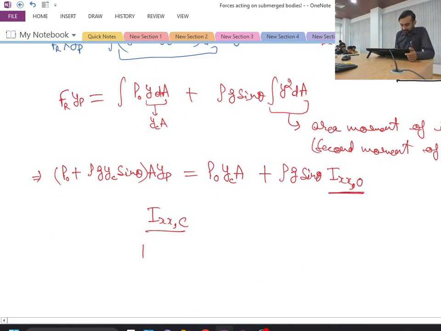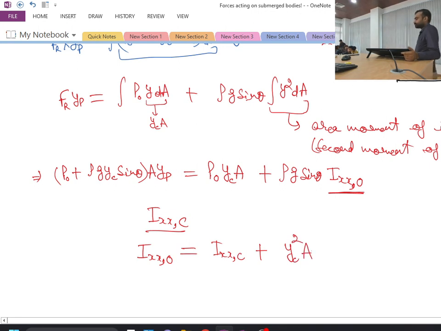So from the theorem of parallel axis, Ixx at point O will be equal to Ixx at point C, at the center of the body, plus YC square into A. Is this point clear? So now I will replace this quantity over there.